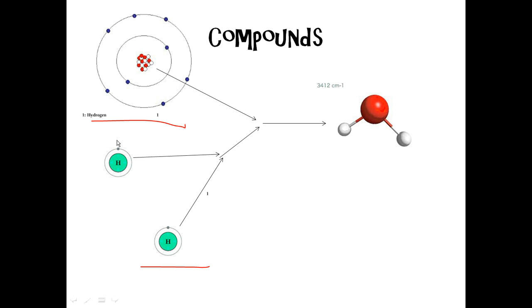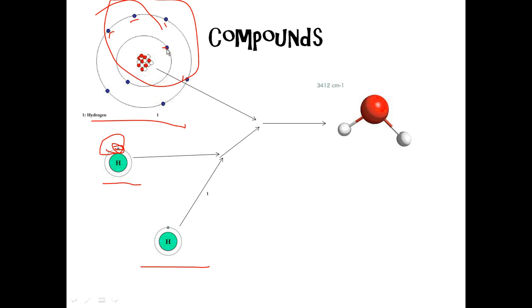I hope you know that every atom of an element has electrons revolving around a centrally placed nucleus. You can see these are all electrons revolving in an oxygen atom. These electrons from the oxygen atom are exchanged with electrons from some other element. For example, here we have considered hydrogen.